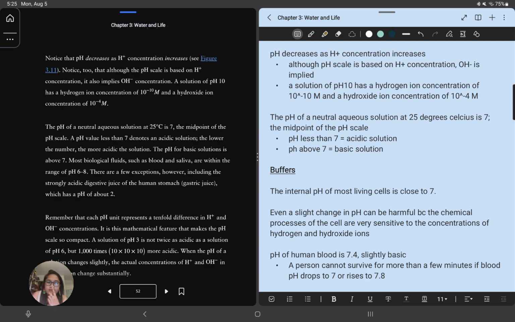Hold on. So this part confuses me, if you guys can understand, because I'm thinking that a pH of 10 implies a basic solution, because pH decreases as hydrogen ion concentration increases.